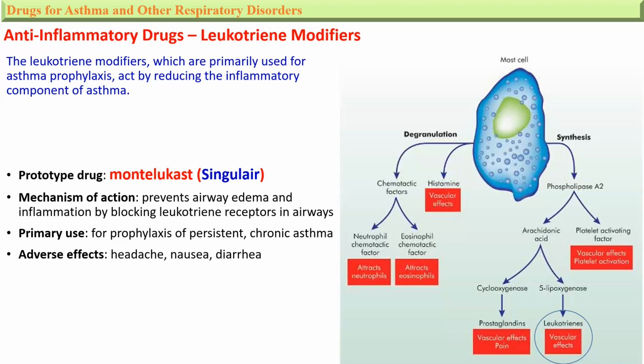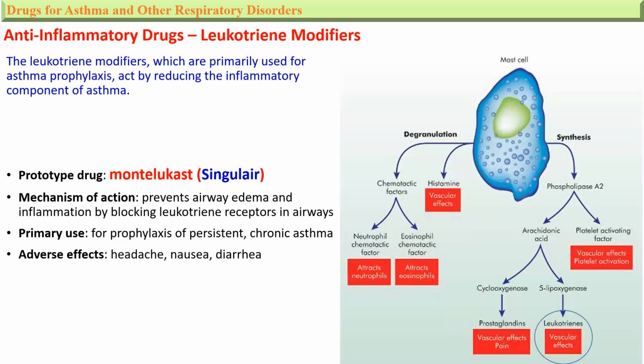It suppresses the effects of leukotrienes, less effective than inhaled corticosteroids or glucocorticoids. Oral medications used when persistent asthma is not controlled with other medications.